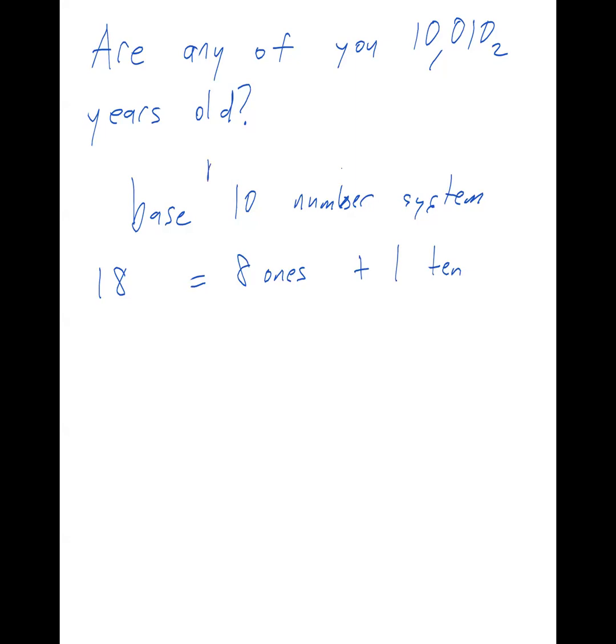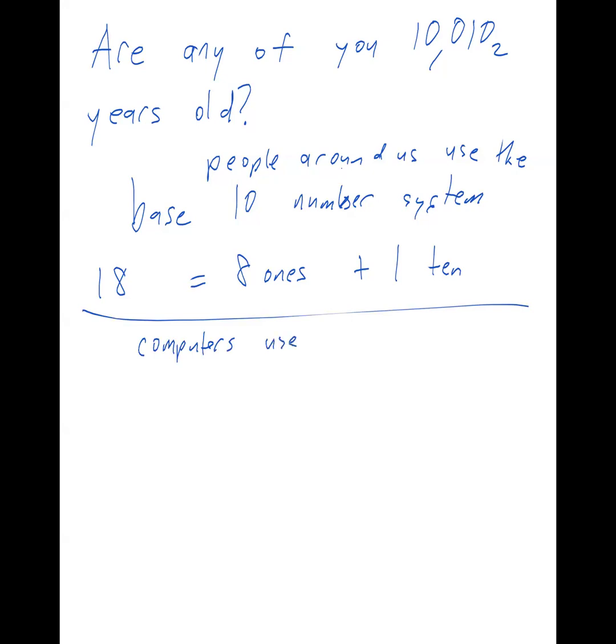So what number system do computers use, by the way? People around us usually use the base 10 number system normally, but some countries use other number systems. So what number system do computers use currently, at least? Some people have tried to make computers that used other systems, but currently computers use the binary system, which is the base 2 number system.